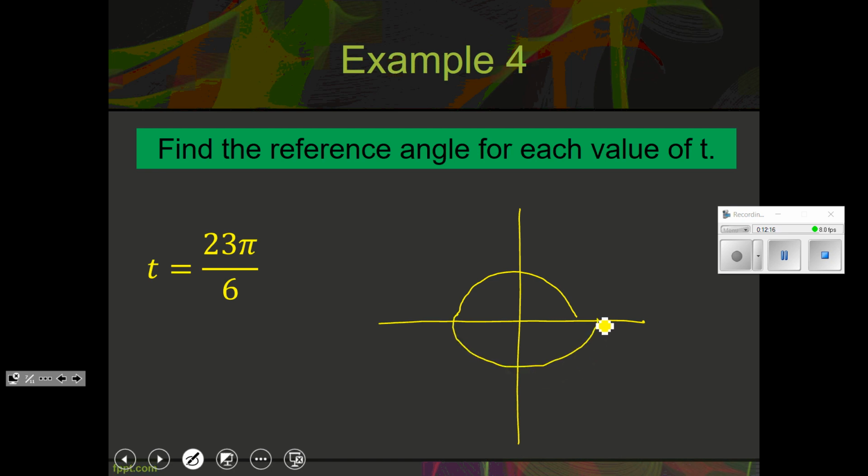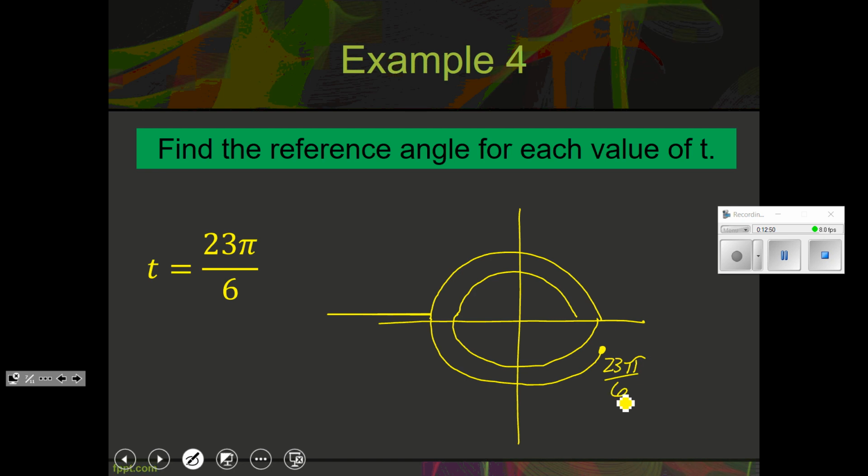Then, if I went all the way again, how much? 24. If you wanted to, you could go 24 and then just subtract 1. Or you could say you're at 18 here. How many more to get to 23? You need to go how many? 5 more. So I'm going to end here. Okay? So you need to know that this is 23 pi over 6.